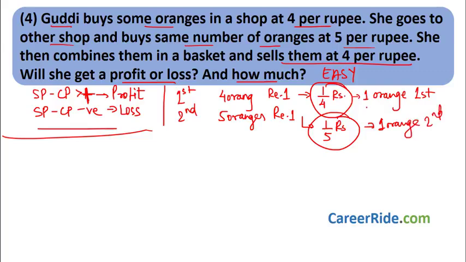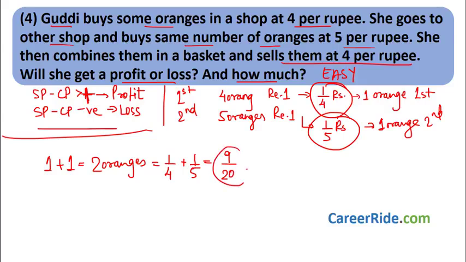Now what she did was that she combined all the oranges in the basket, okay, all the oranges. Now, say she takes one orange from the first shop and mixes it with one orange of the second shop, how many oranges do we get? 2 oranges. What will be the cost price for these 2 oranges? First orange price is 1 by 4, second orange's price is 1 by 5. That would be 9 upon 20, right? So this is the price of 2 oranges.